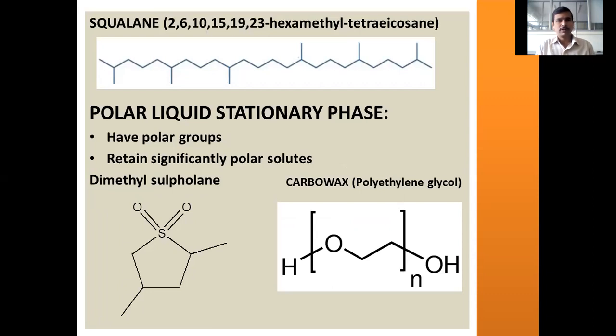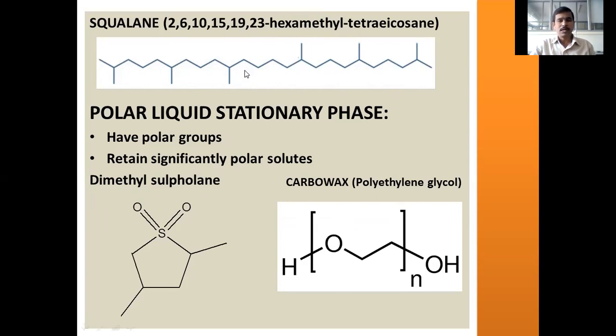Even if you take squalene, it is nothing but 2, 6, 10, 15, 19, 23 hexamethyl tetracosane. It is having 20 carbon atoms. This is an aliphatic hydrocarbon which is substituted by methyl groups. There are 6 methyl groups substituted here: 1, 2, 3, 4, 5, 6. So tetracosane, 24 carbon atoms are present here.